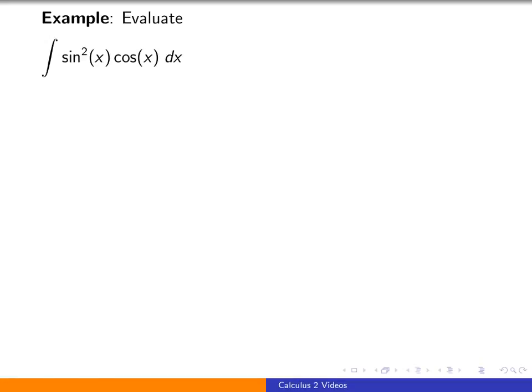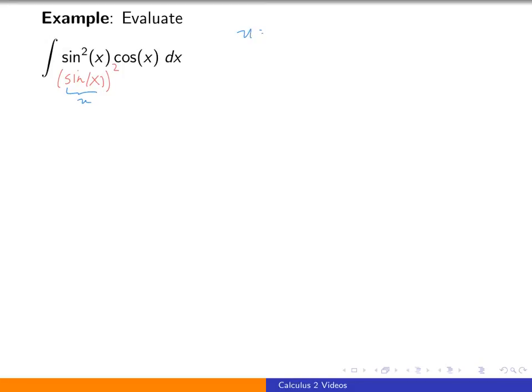And looking at the form of the integral, this sine squared, remember that an equivalent way to write sine squared would be sine of x, quantity raised to the second power. So that really indicates to us this inside function u.